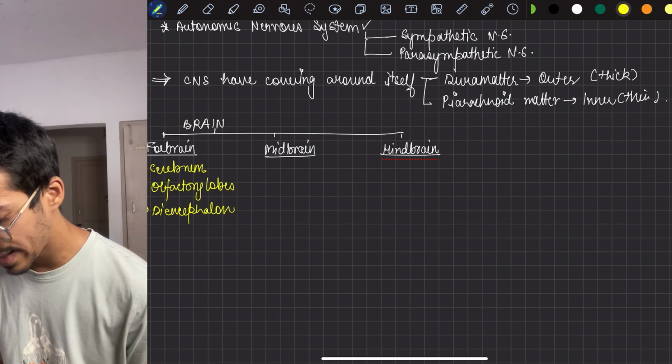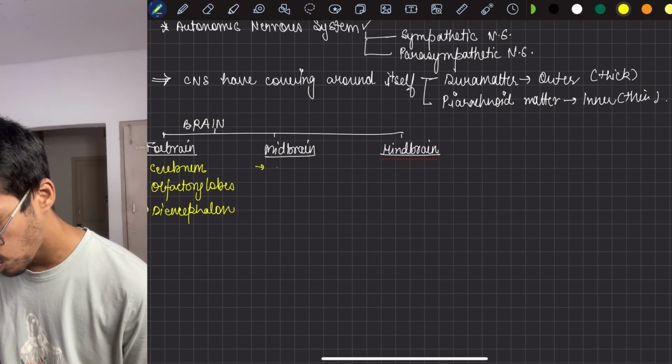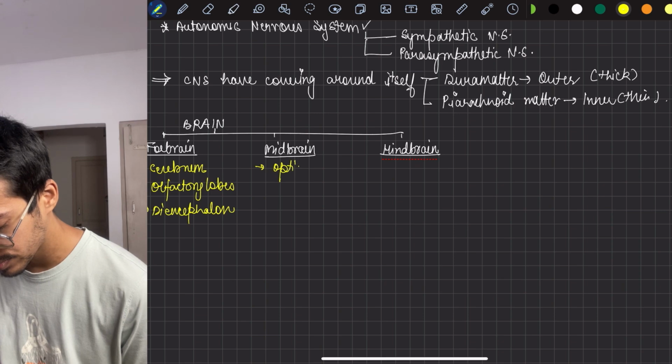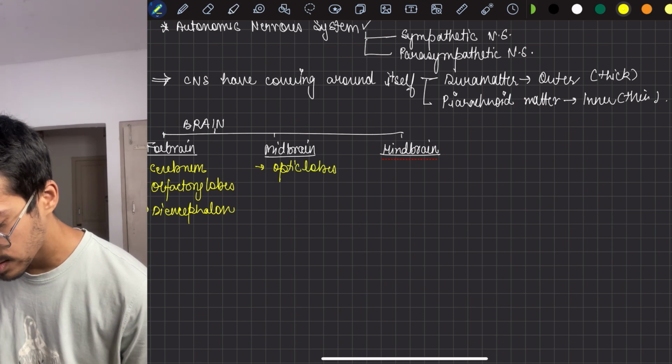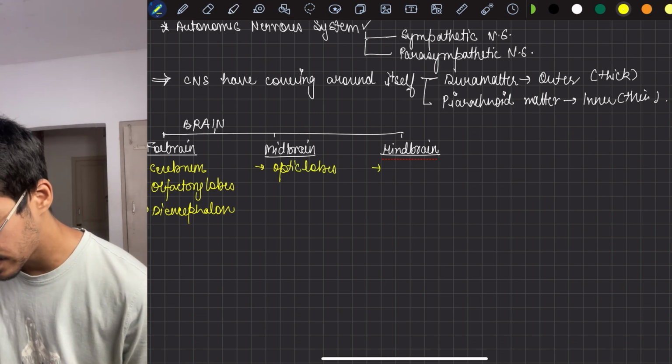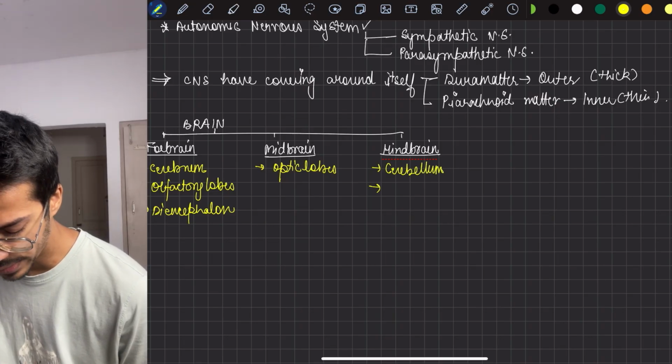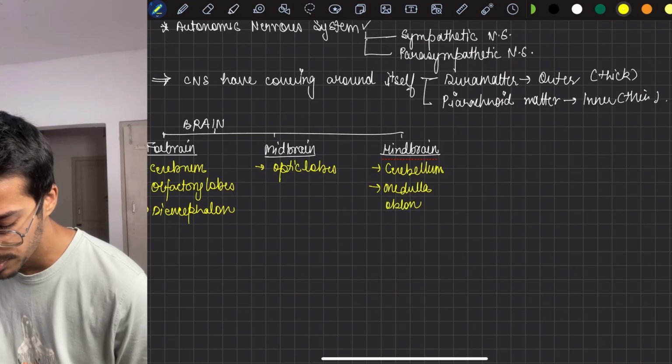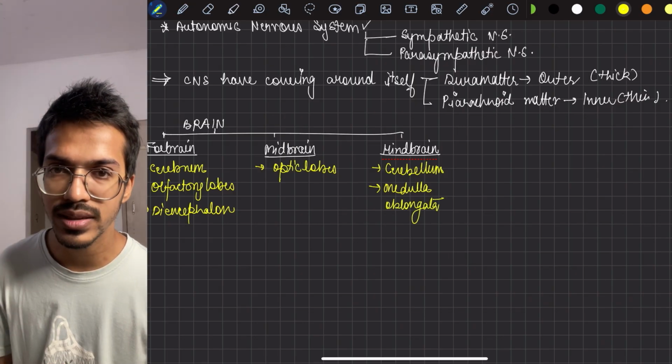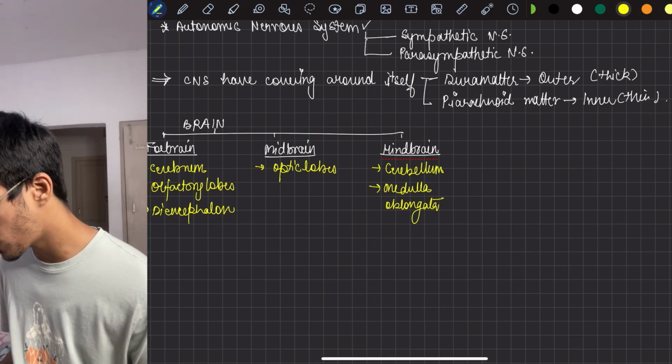Whereas the midbrain has only optic lobes. And the hindbrain has only 2 structures present, that is the cerebellum and the medulla oblongata. Not the third part which is present in humans, that is the pons. It is not present over here.